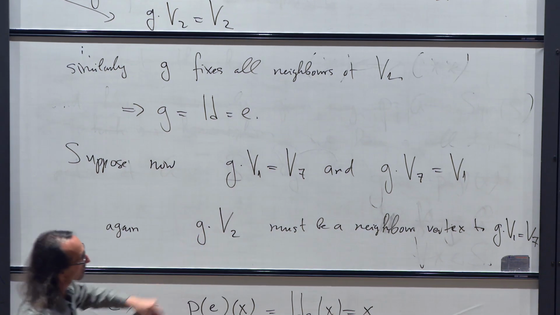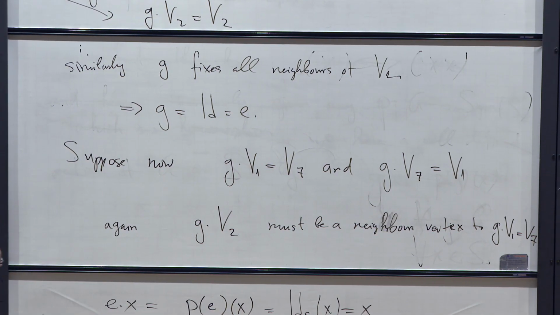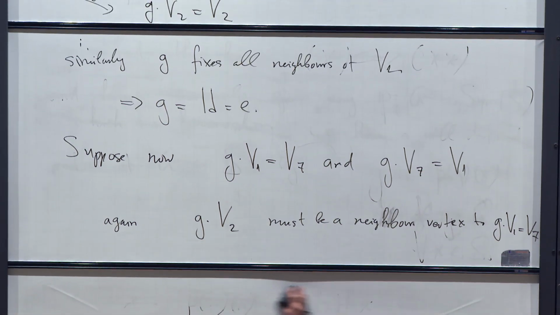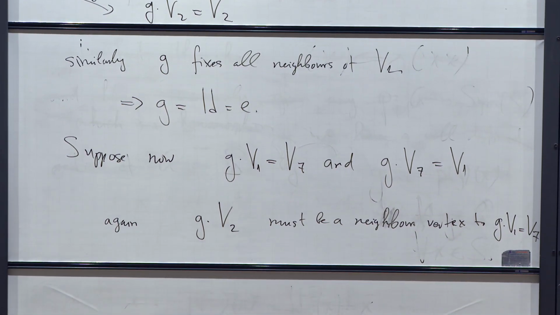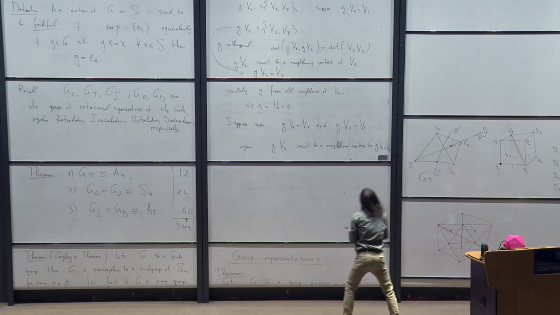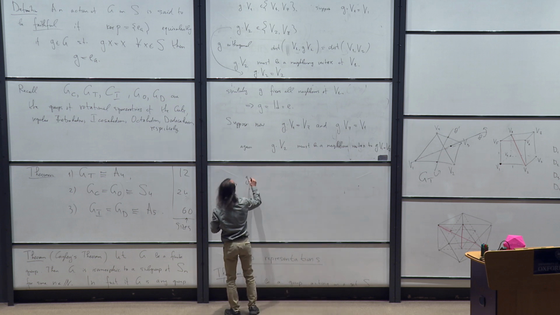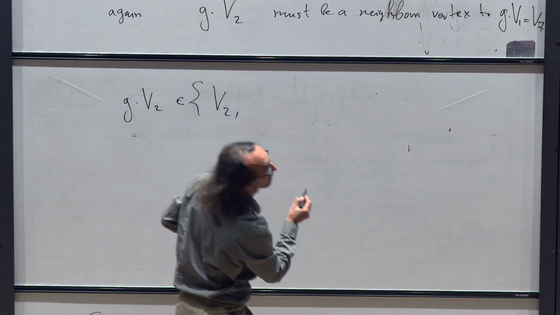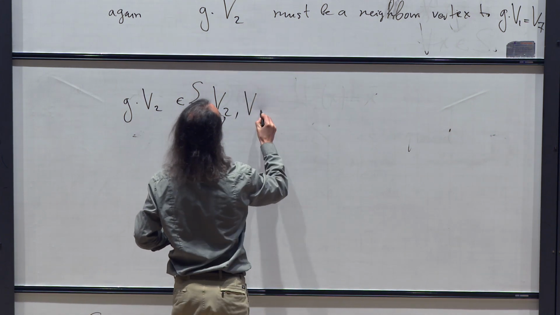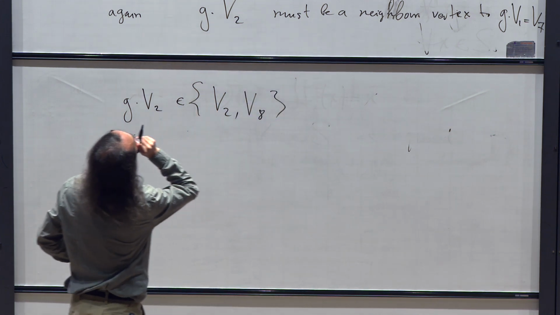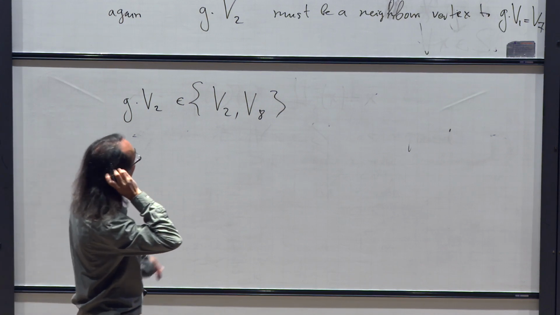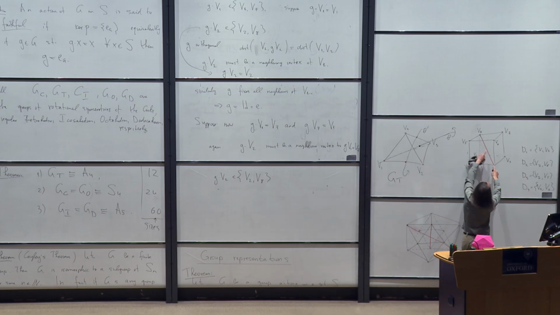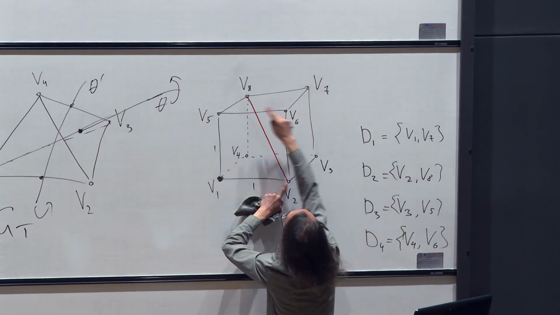So G must send V2 to a neighbor of V7, but at the same time, because it preserves the diagonal, G of V2 must be either V2 or V8, right? And the only one of the two that is a neighbor of V7 is V8.